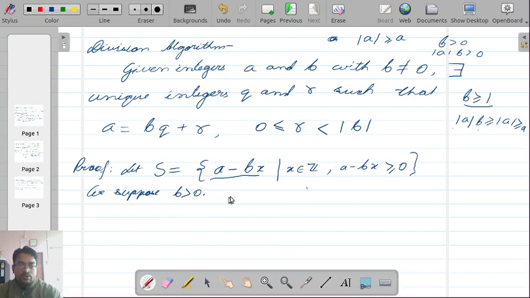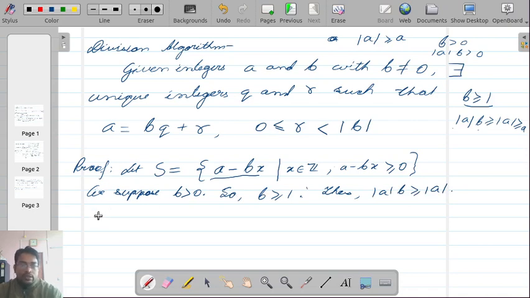So we suppose that b is greater than 0, which means b is greater than or equal to 1, and thus mod a into b is greater than or equal to mod a, right?